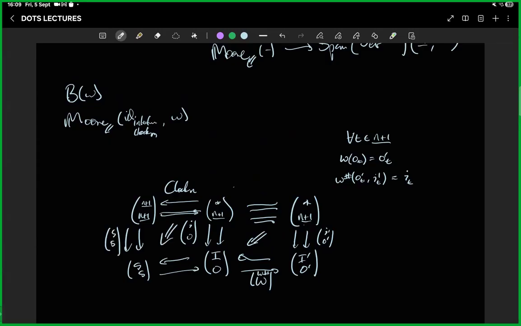Then so long as this is still a double category, which I claim it is, and it's not too hard to check, then you see that we could do this, or we could take the composite first and then map out. Because this composite up here is still clock n. That's why we put the identity over there. So given any behavior of the inner one, we get a behavior of the outer one.